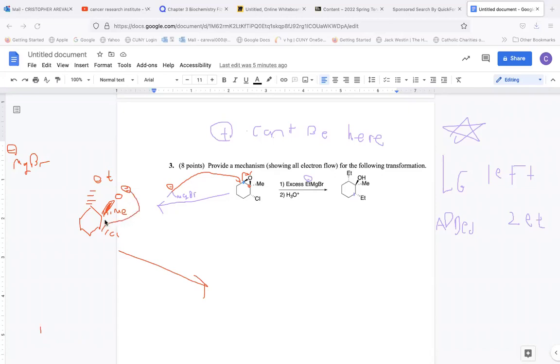We're going to attack that carbon, and CO is an excellent leaving group, so it's going to leave. That's what happens. So now what, right? Make sure you copy everything correctly. You don't want to lose points from that.